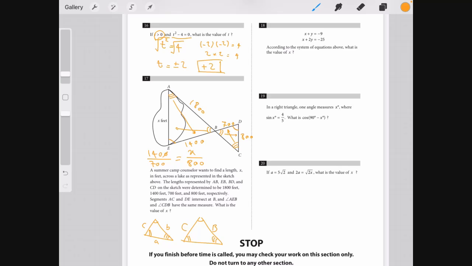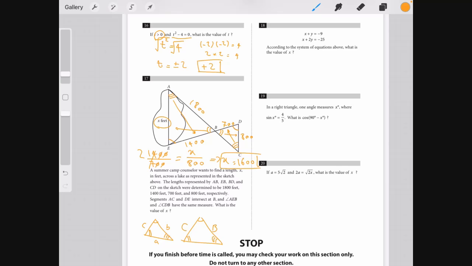Now, this 0 cancels out. 14 over 7 is 2. So from here, x is 2 times 800, which is 1600. So x is 1600.